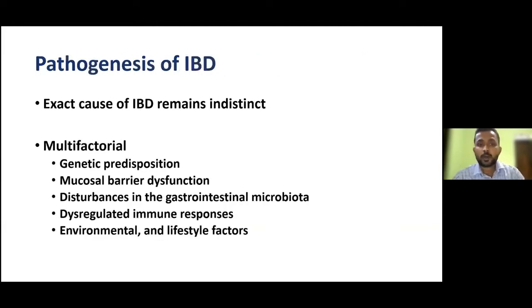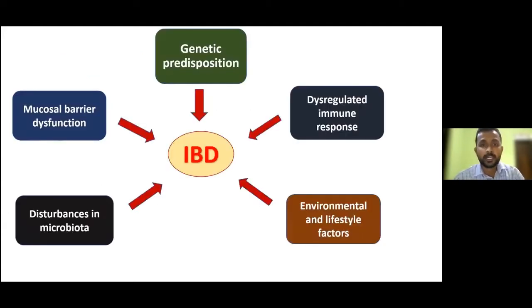So, a few words about pathogenesis. The exact cause of IBD remains unknown, and it is a complex interplay between multiple factors. Obviously, there is some genetic predisposition, and there's dysregulated immune response going on, and there is some mucosal barrier dysfunction.